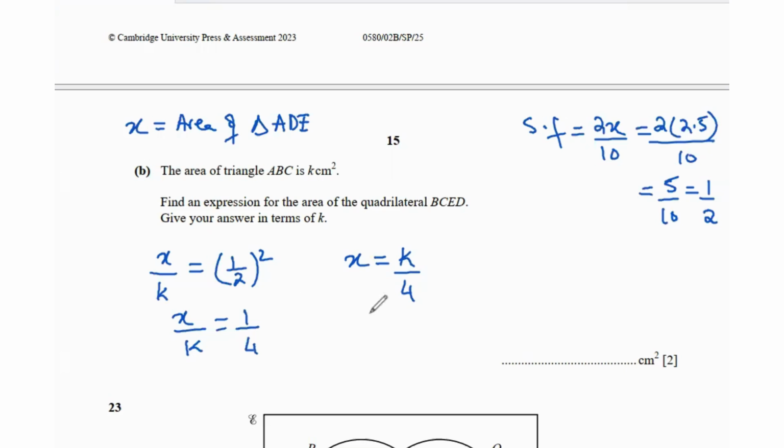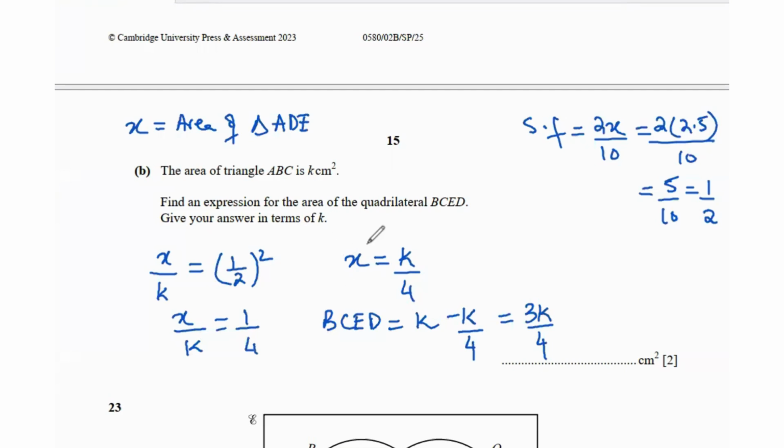For the quadrilateral BCED, it would be the area of ABC minus the area of ADE, since the triangle ABC comprises the quadrilateral and the triangle. So that's 3k over 4. That's the expression for the area of quadrilateral BCED in terms of k.